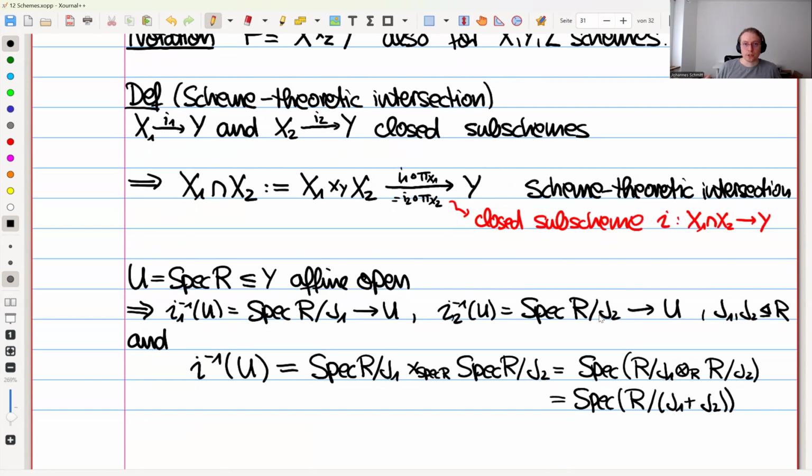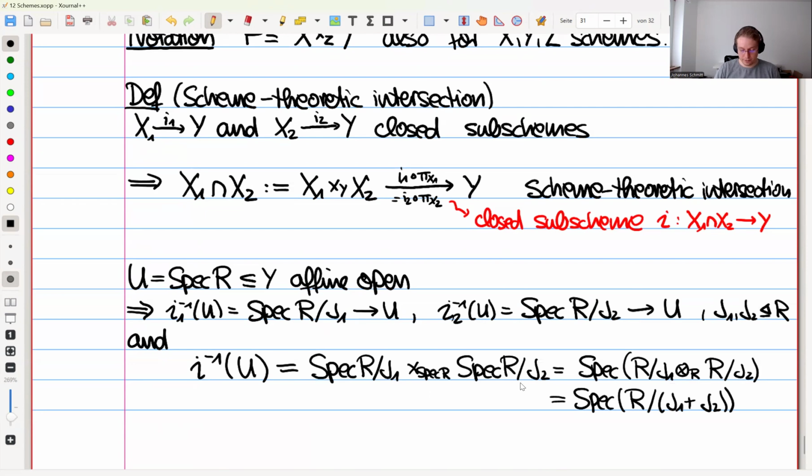And then if you go through the definition that we just gave, because now it's an affine fiber product, this preimage here in the affine fiber product is first of all given by this fiber product here.